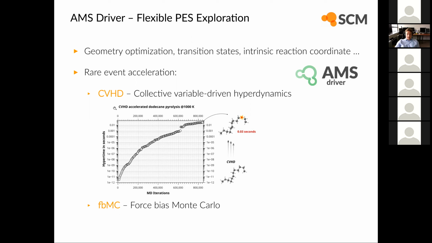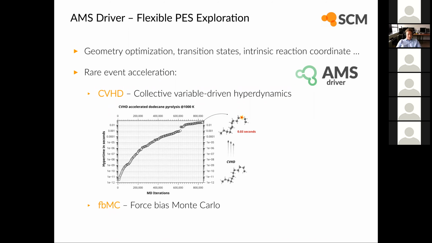One is able to reach timescales of up to the millisecond range, while still staying below 1 million molecular dynamics iterations. So one is able to simulate such processes, which would otherwise require at least 10 orders of magnitude more steps and not be feasible with current computer setups.